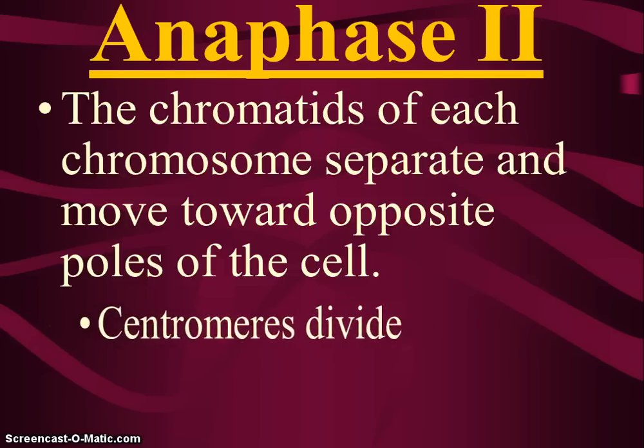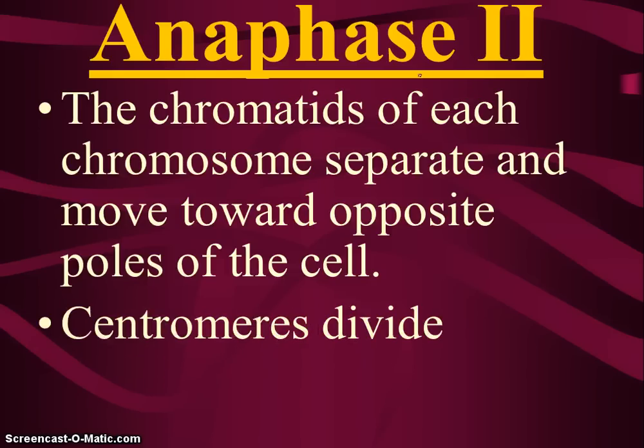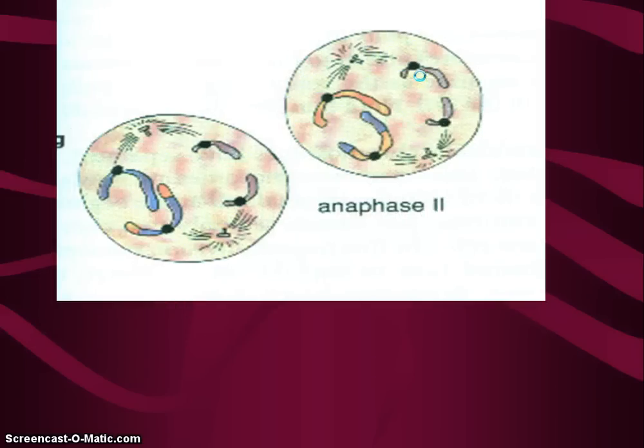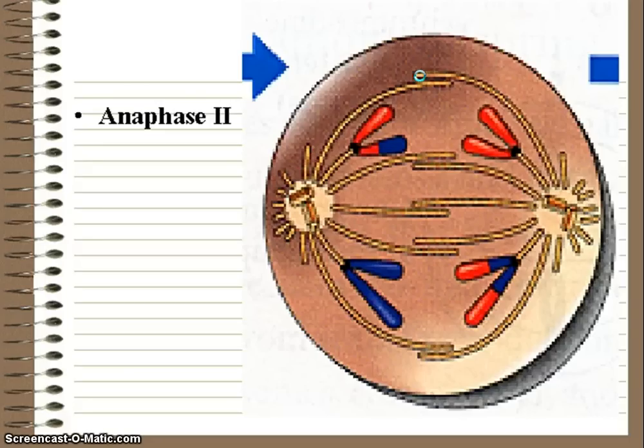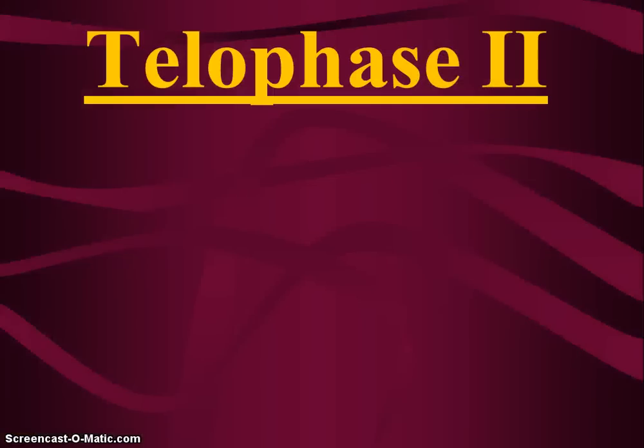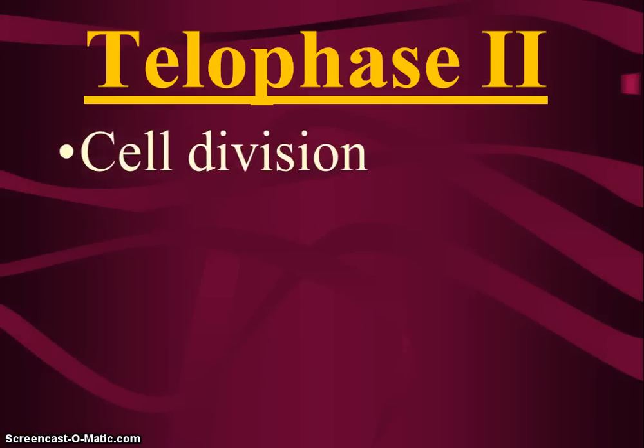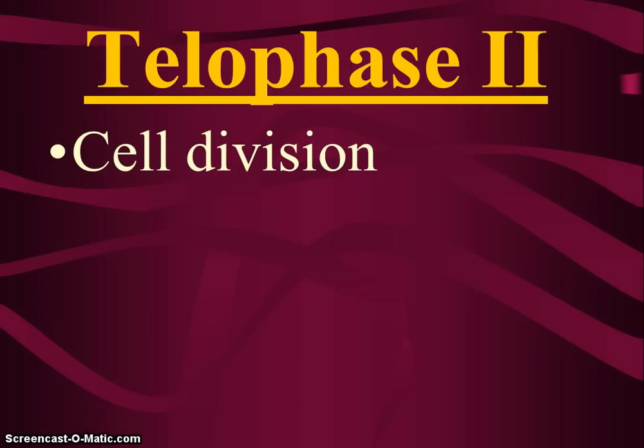Okay, and they're going to move to opposite ends of the cell, and the centromeres actually divide. So at this point, we have the chromatids. Again, it's happening in two cells. And then the last phase is telophase 2. Again, cell division occurs, and at this point we have 4 haploid cells.